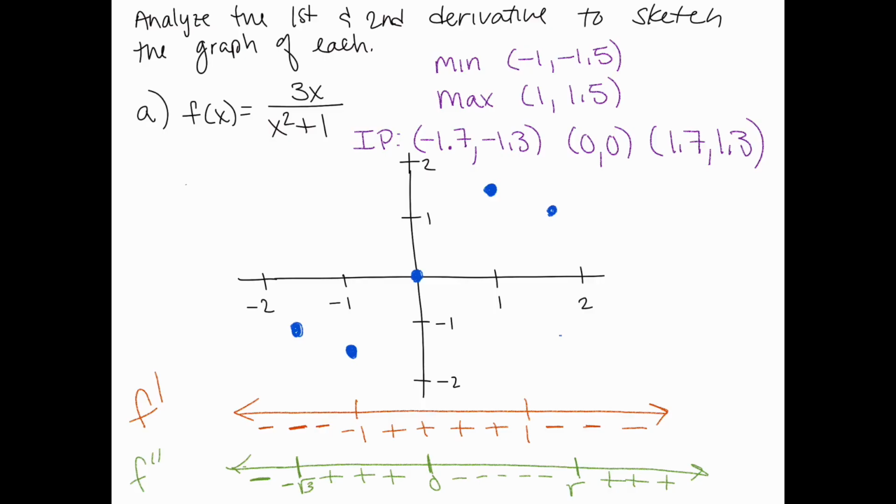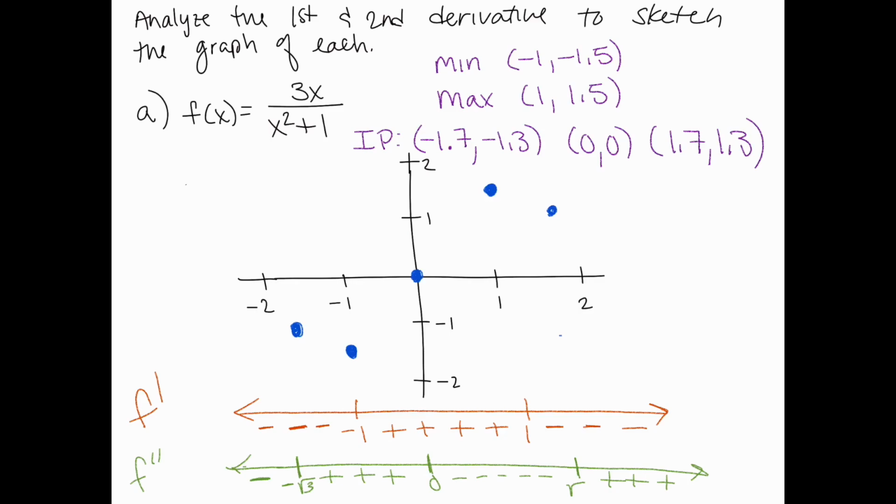And so what we had found out earlier was to the left of negative 1, the first derivative is negative, and then from negative 1 to 1 it's positive, and then bigger than 1, it's negative again. And then I also took my second derivative number line and I put that down there as well, showing that it goes from negative to positive to negative to positive.